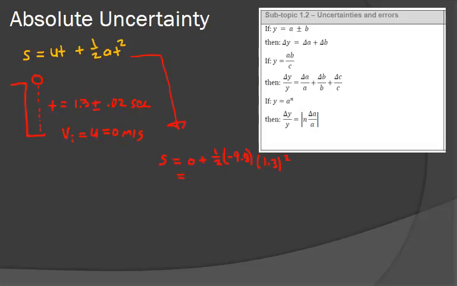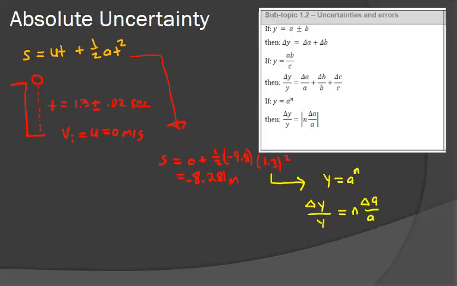So we can set this up. The displacement S is equal to 0 plus 1/2 AT squared. And we get negative 8.281 meters is the displacement. So we've got that, and now we can look at the uncertainty.